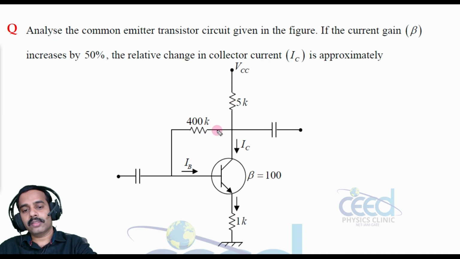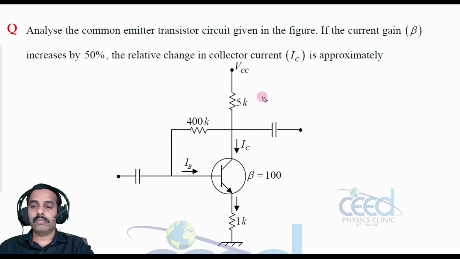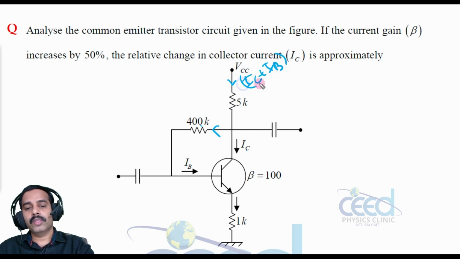If you choose relative change in collector current, you may take this as some I dash, or IC plus IB. So I am applying Kirchhoff rule across this route.